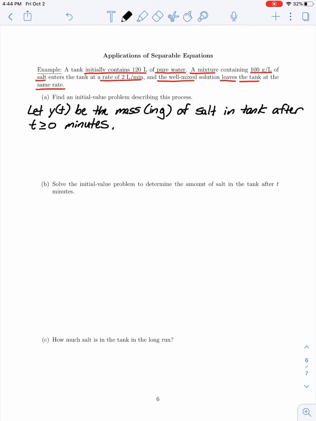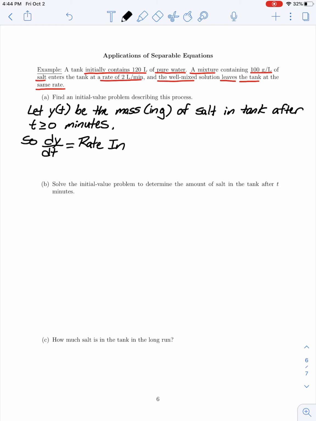So once I have the quantity that I'm interested in, or I've given it a name, y of t, I'm given information about the rate at which that quantity is changing, or the derivative of y with respect to time. So for this problem, well, there's only two things that can happen to affect the salt content within our tank. We have solution which is being poured into the tank at a given rate.